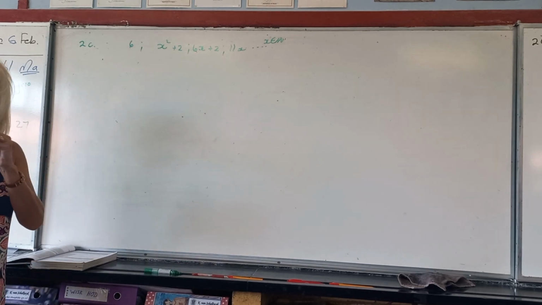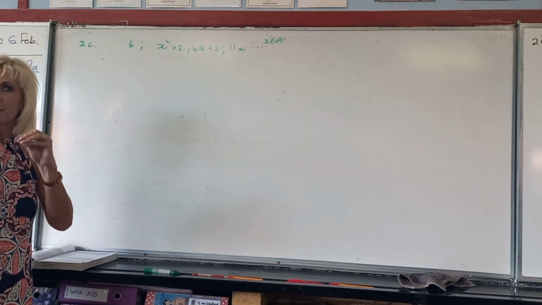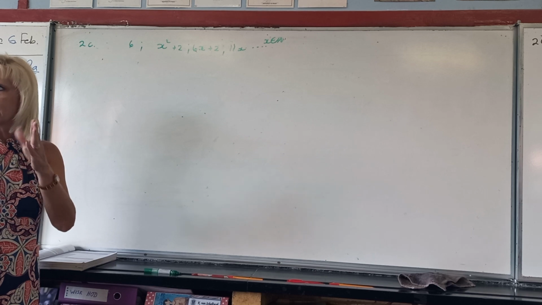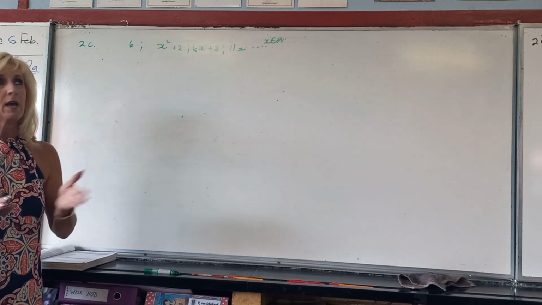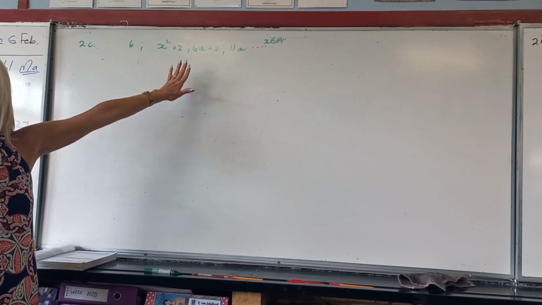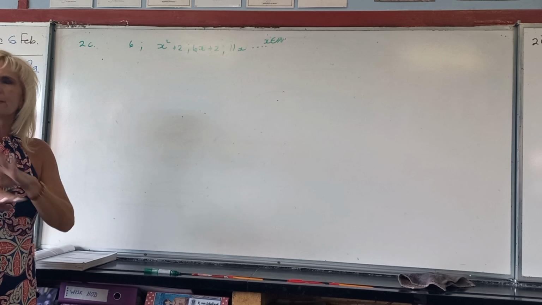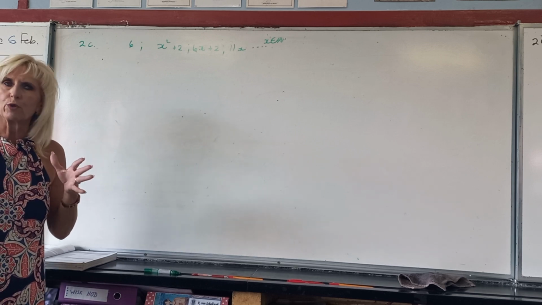If they actually give you the physical numbers like we just had in the previous one, then you must find out whether it is or not by seeing whether the second difference is the same. But if there's unknown values, they have to say, listen, this is linear or this is quadratic. Now they said it was quadratic. What is the main thing that they're testing? What do you know about quadratic?